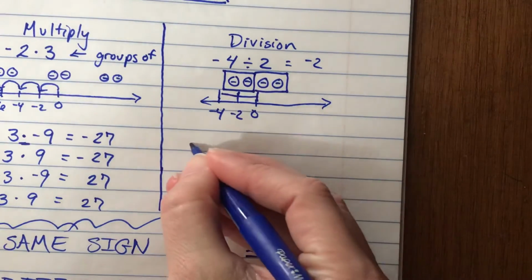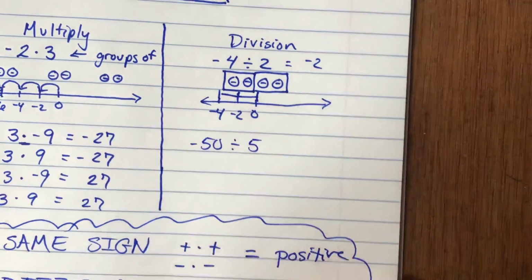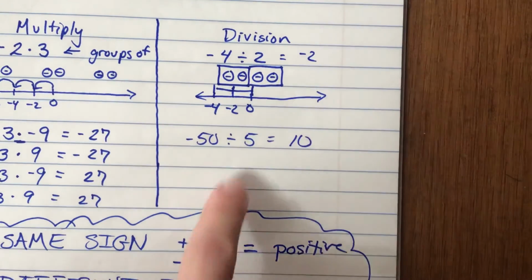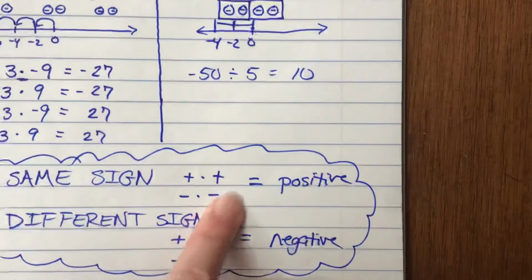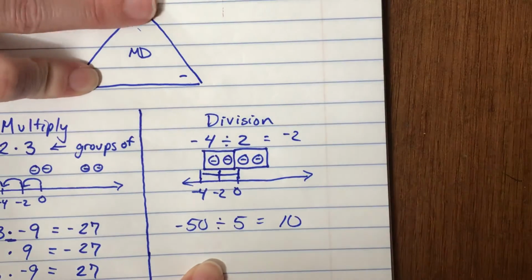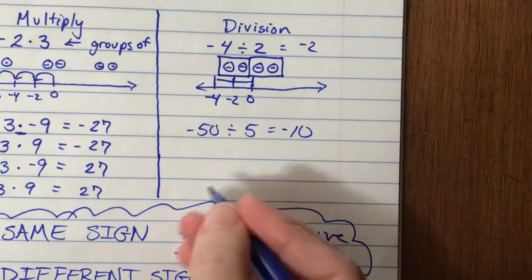So you might see something like negative 50 divided by 5. Well, 50 divided by 5 in general is 10, but we have a negative and a positive number. So those are two different signs. We can also go up here and use our triangle. A negative divided by a positive is a negative number, so negative 10. Otherwise, the division works like normal.